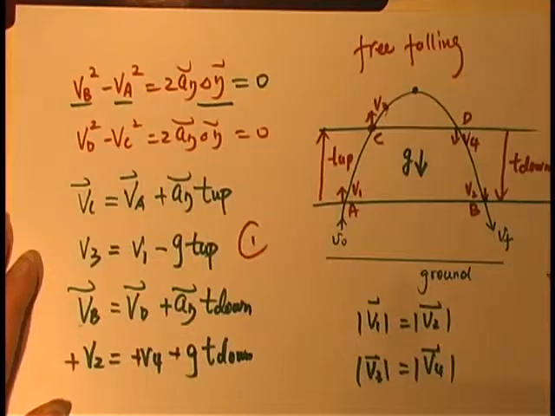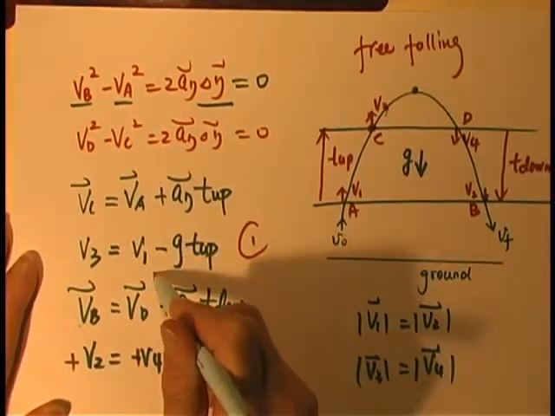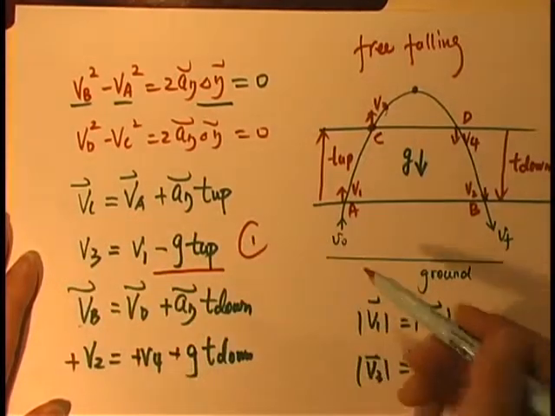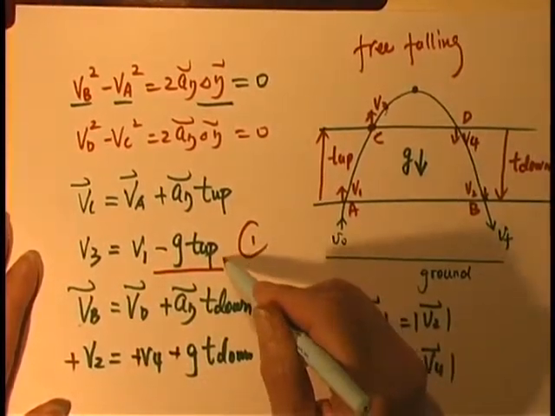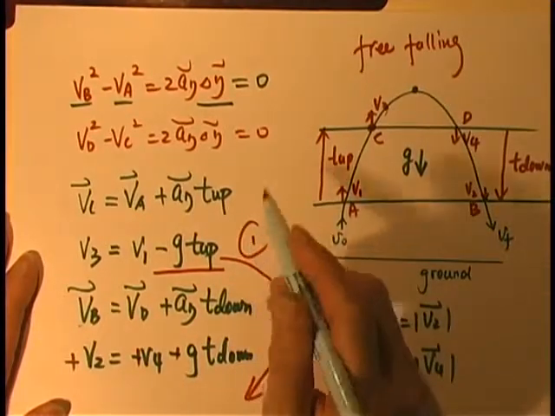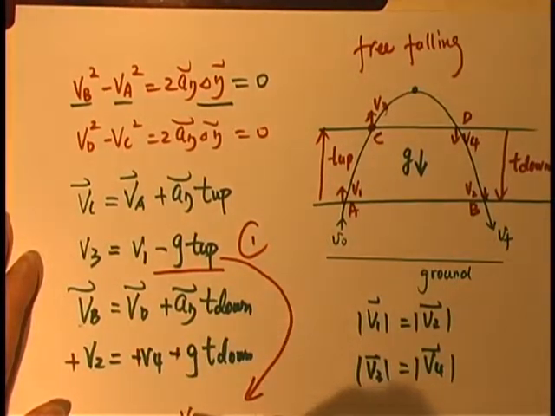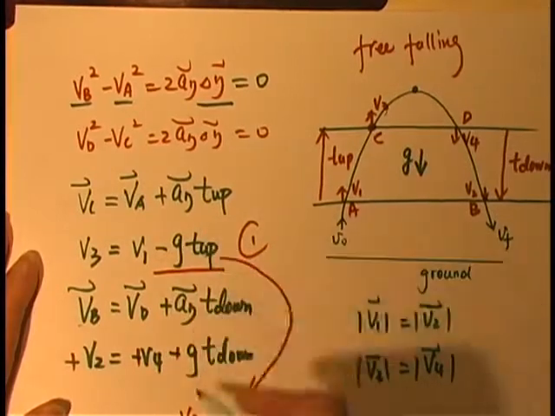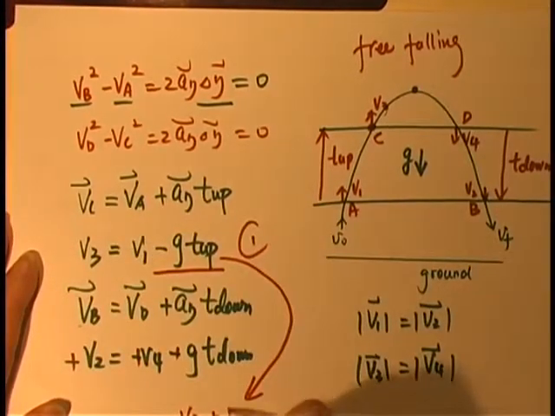So what do we do is, if we move this term to the left, what do we get? If we bring equation 1 down, V3, right? Minus GT up. We move it to the left, it will be plus GT up, right? And what's left on V1?